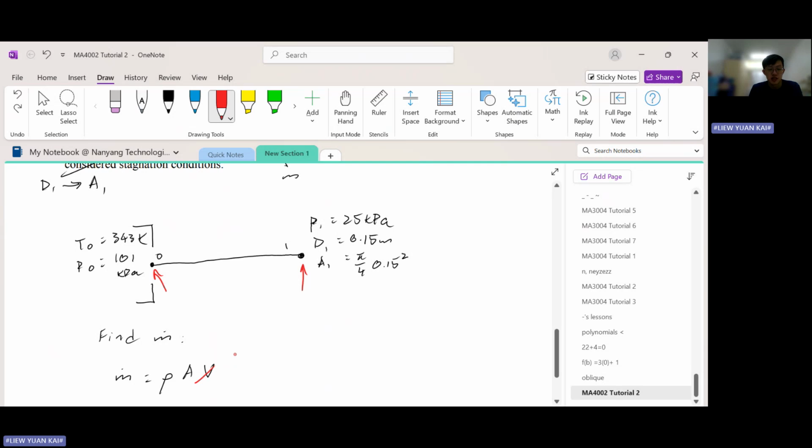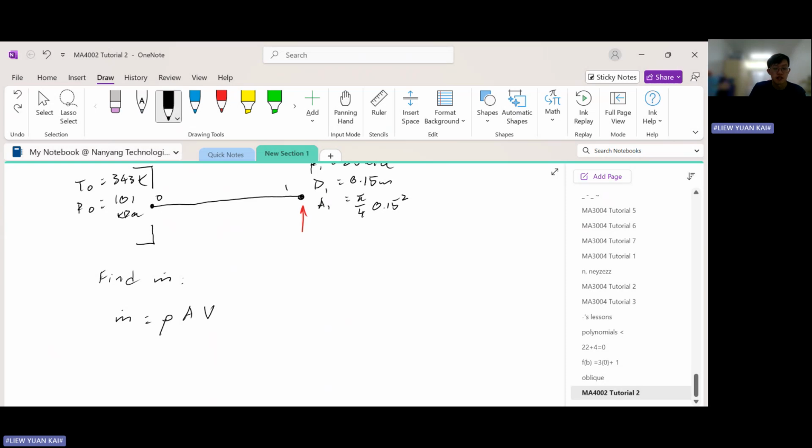So it's not a useful point to consider. So we shall use point 1. This density will be ρ1, this area will be A1, and this velocity will be V1. We're using the properties at point 1 to calculate the mass flow rate.